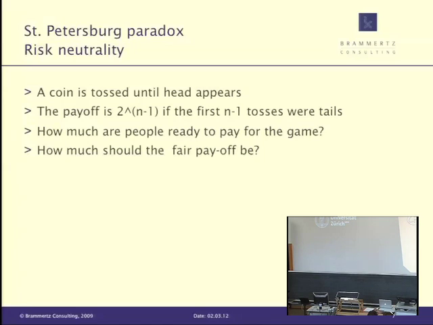Anybody a bet? Anybody giving me, say, 1,000 francs for that I play? Who would offer me 1,000 francs to play one game? No? 100? Who would offer 100? No? 50? No? 20? Okay. Oh, bold. Good. 10? 5?